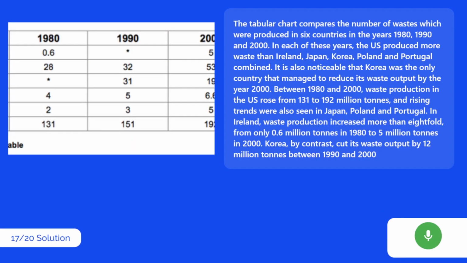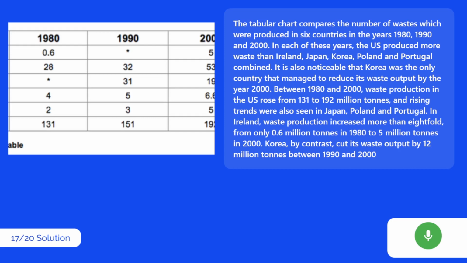The tabular chart compares the amount of waste produced in 6 countries in the years 1980, 1990 and 2000. In each of these years, the US produced more waste than Ireland, Japan, Korea, Poland and Portugal combined. It is also noticeable that Korea was the only country that managed to reduce its waste output by the year 2000.